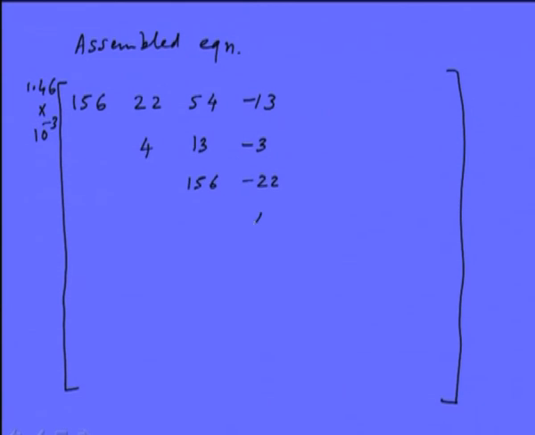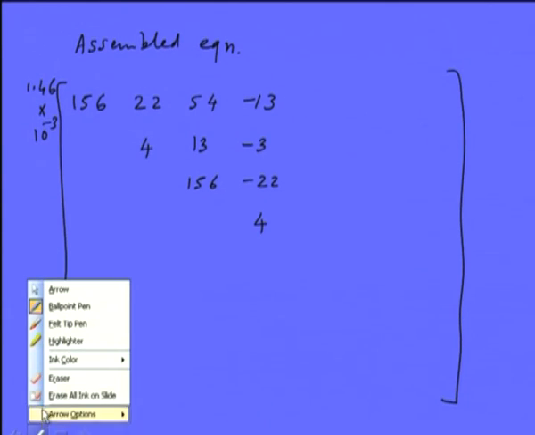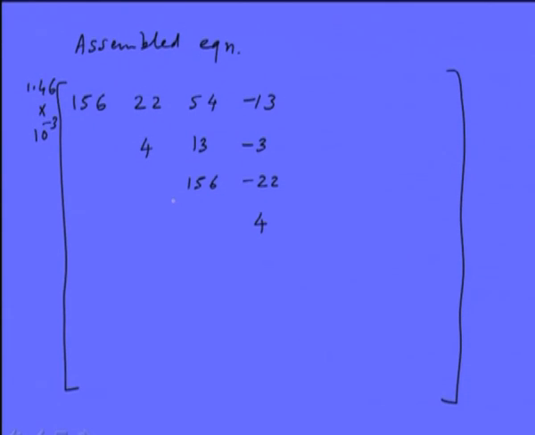Now for element 2 we can use a different color: 156 plus 22, 54 minus 13 plus 4, 13 minus 3. These red color entries are coming from element 2.